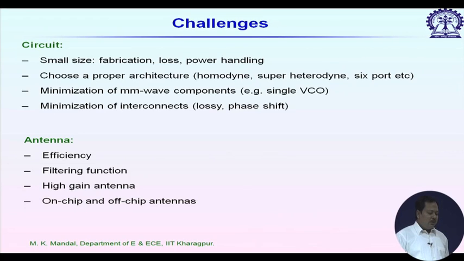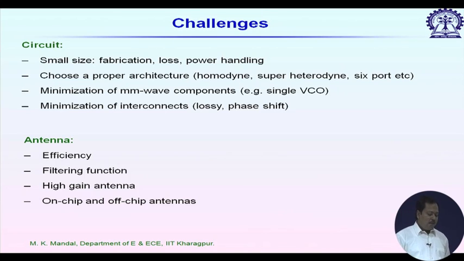The effect is due to surface wave generation. We will see later what a surface wave is. So, this type of problem we will be facing at millimeter wave frequencies. So, we have to then use some alternative ways to reduce these losses and improve the gain of the antenna.